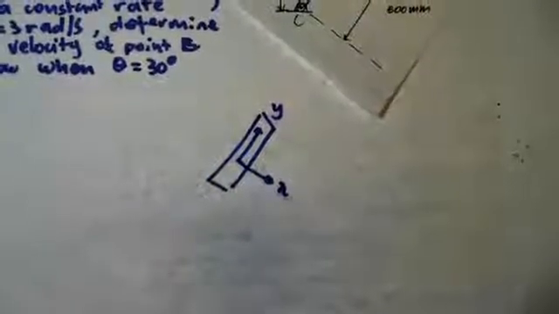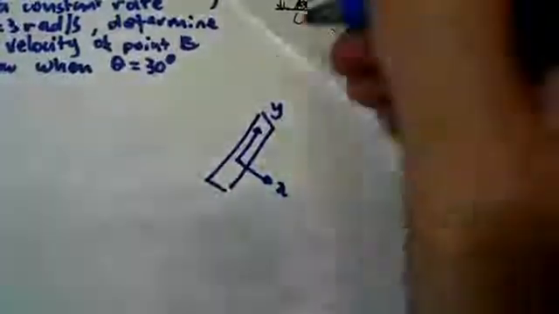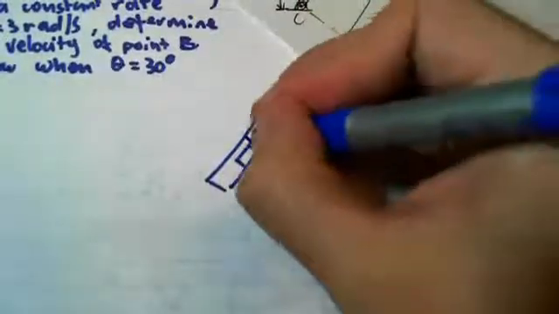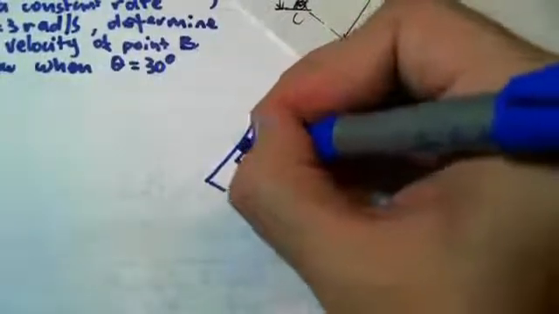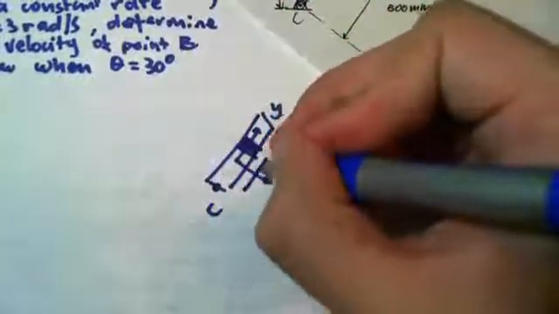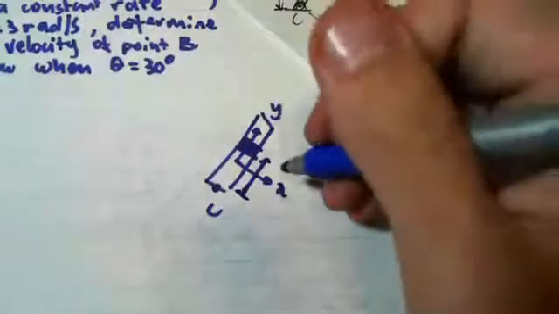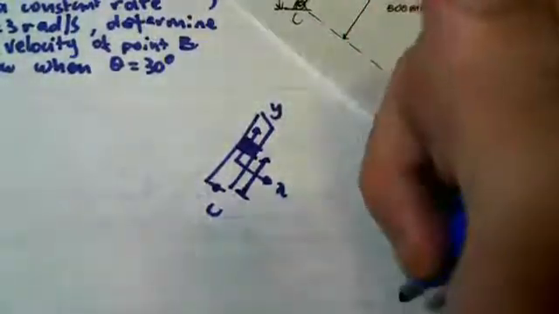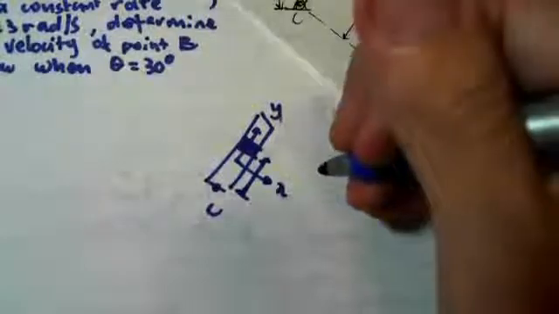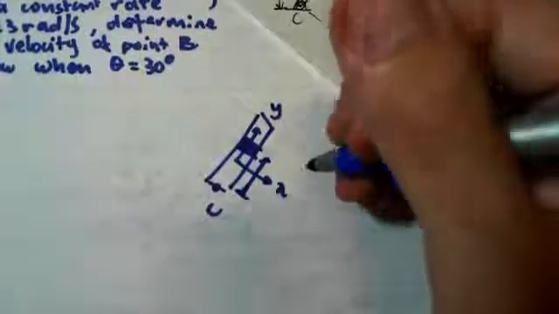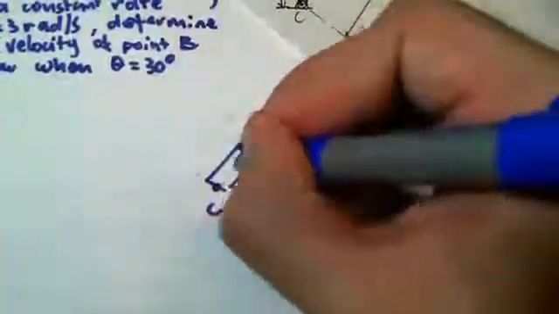And we measure the relative position, or the radius, from C to where A is. So that position is going to change with respect to time because this is allowed to move within this slot.